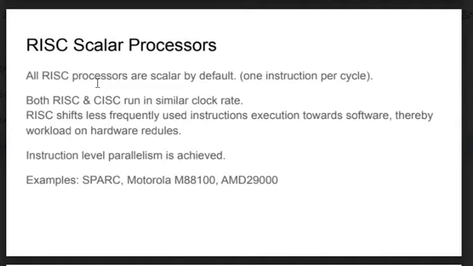Maybe in the near future we may get a RISC vector processor in the market. So what do we mean by scalar? One instruction per cycle execution. If one cycle is required to execute one instruction, such a processor is called a scalar processor, and scalar by default belongs to RISC architecture.